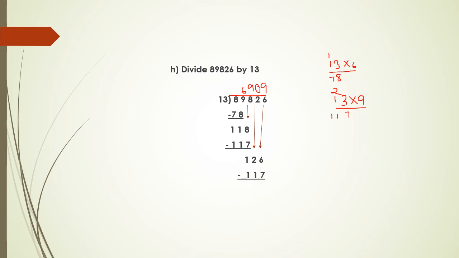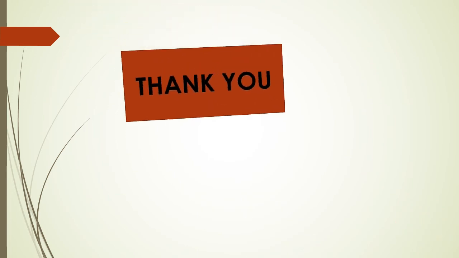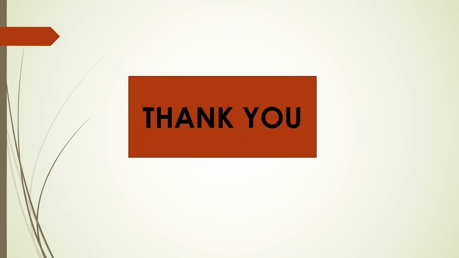So now when you subtract 126 minus 117, you will get 9. So 9 is the remainder, 6909 is the quotient. Hope you understand today's concept. Thank you.